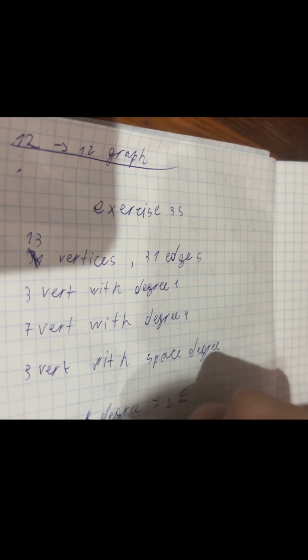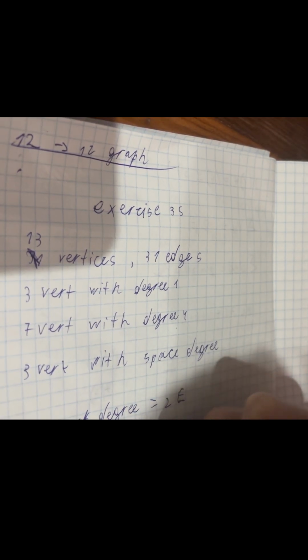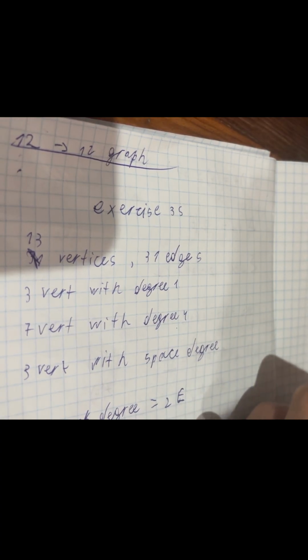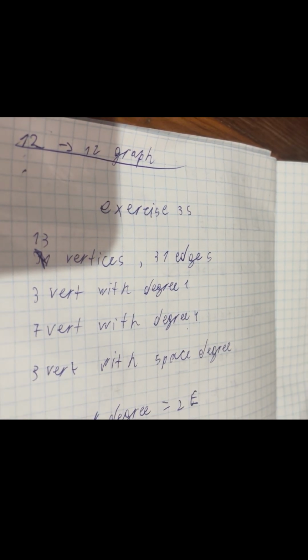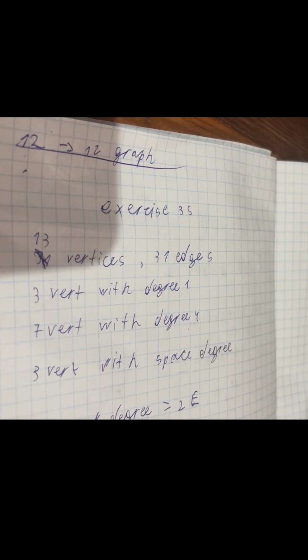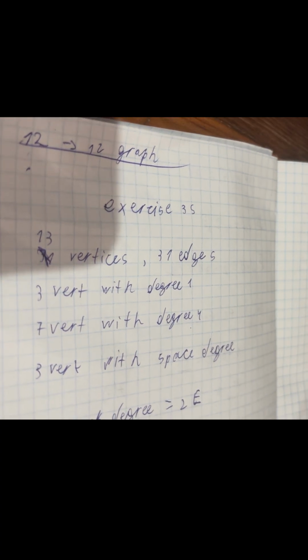And if we use 62 minus 3 vertices with degree 1 minus 7 vertices with degree 4, we see 31. Oh, and what can we do with it? Sorry, I forgot. What can we do with those vertices?